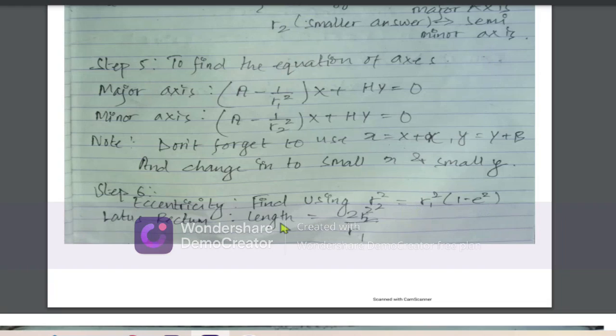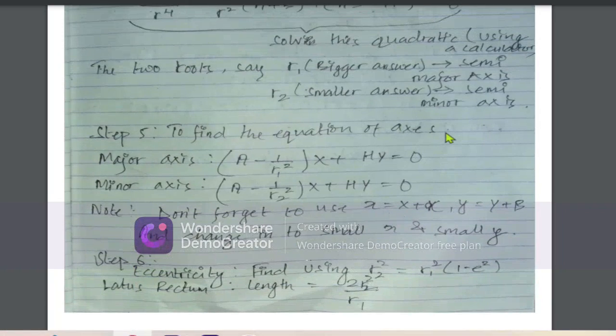And for the latus rectum, the length equals 2r2 square by r1, and we can also consider it as 2b square by a. But we have to be careful, r1 is the bigger value and r2 is the smaller value, as we discussed here.